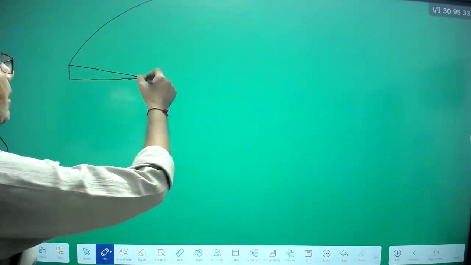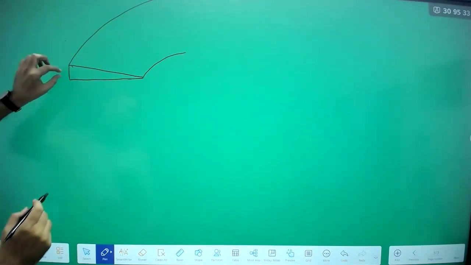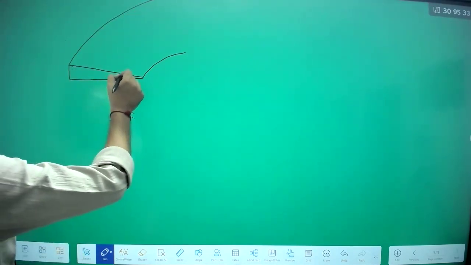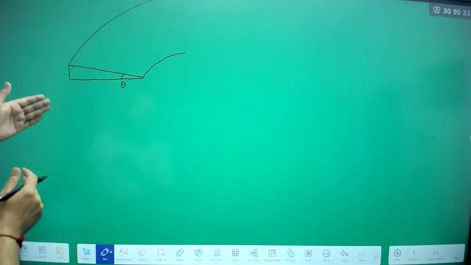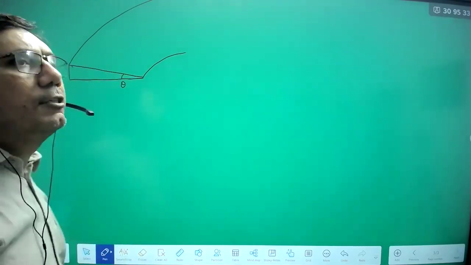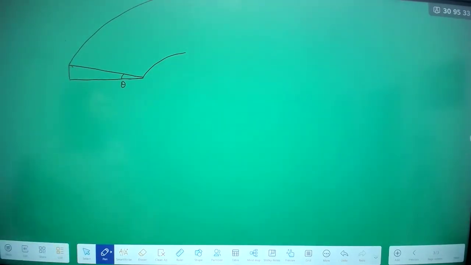This is the road here. On the outer side, it will be a little bit higher as compared to the inner side, and this angle is supposed theta. This process of making the road higher on the outer side and lower on the inner side is called banking of road.